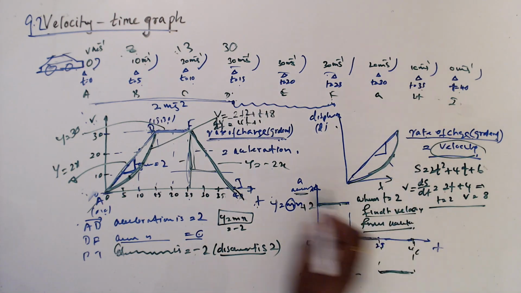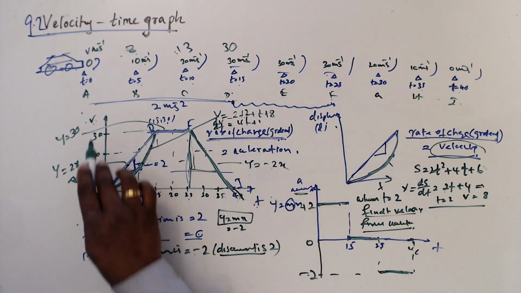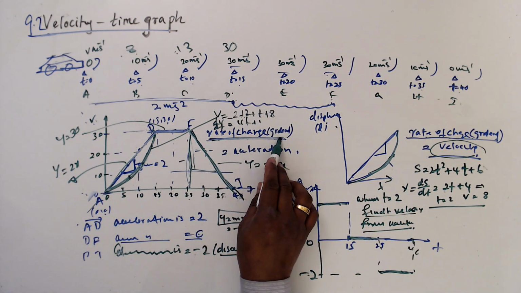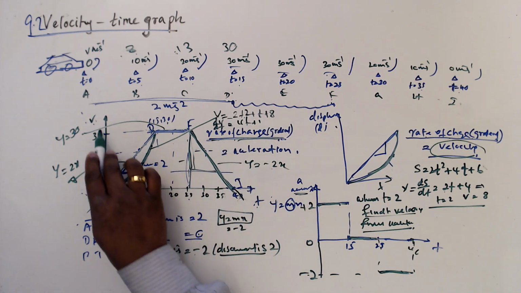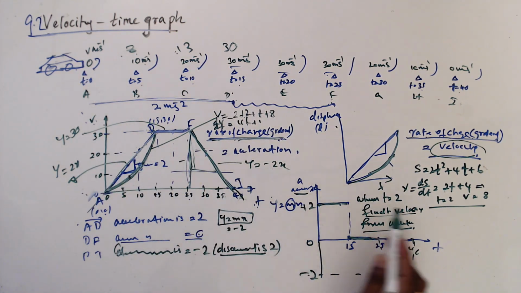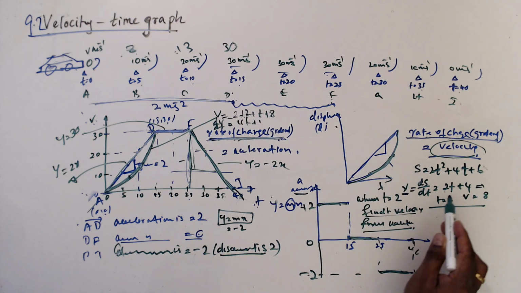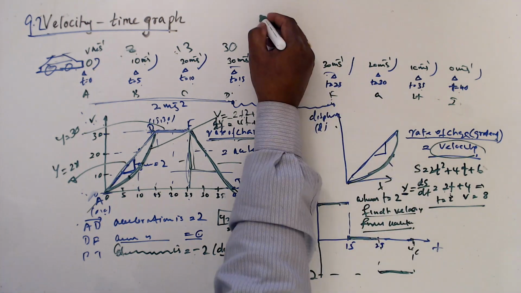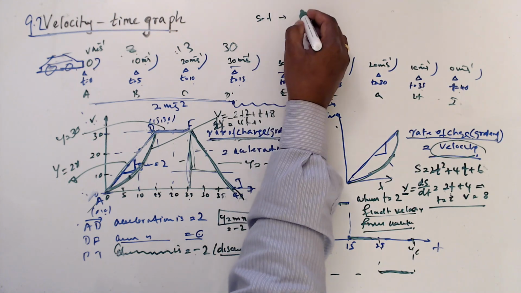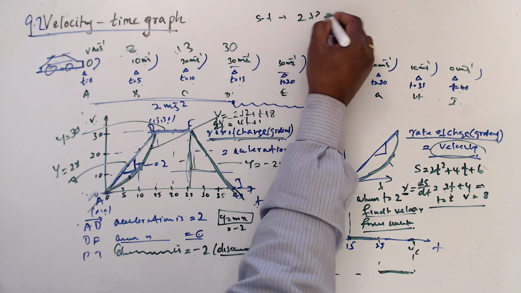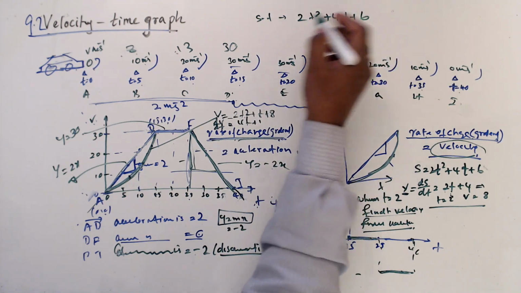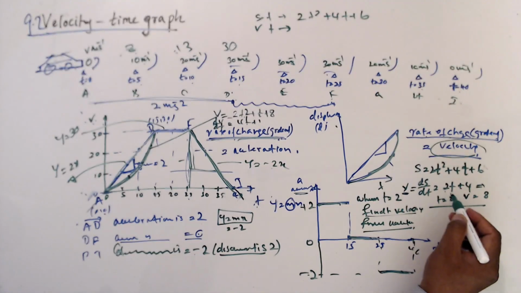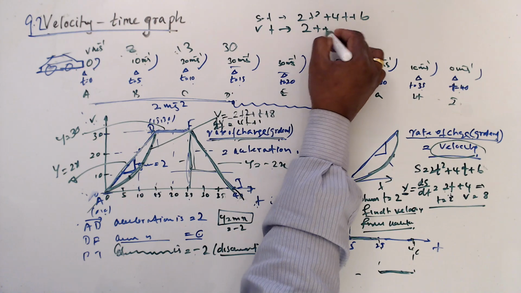Then we know that we now have the v and t curve. So we want to get the rate of change of velocity and time. So s and t is this one, 2t square plus 4t plus 6. Now the velocity and time model is 2t plus 4.